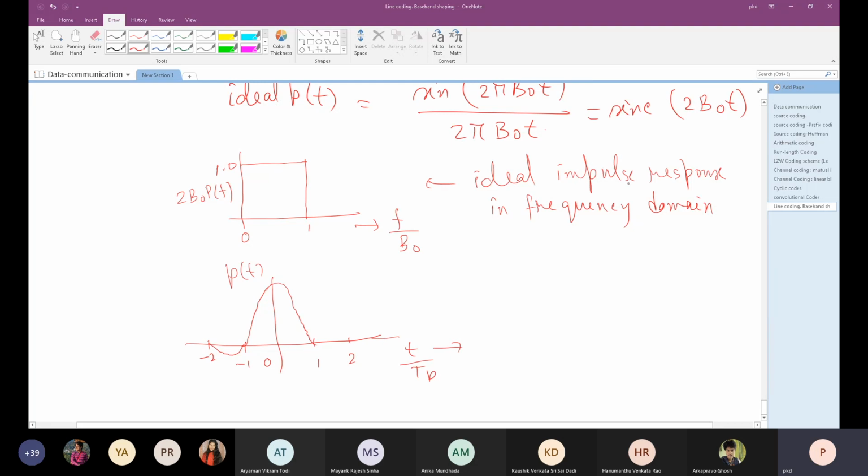So ideal impulse response means it is the frequency response of the impulse function PT.